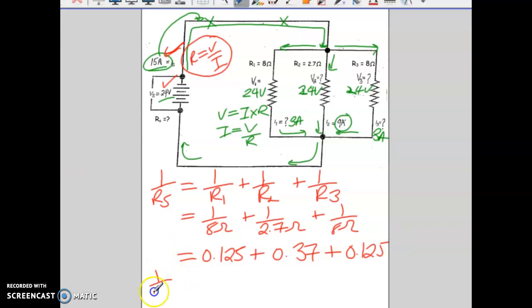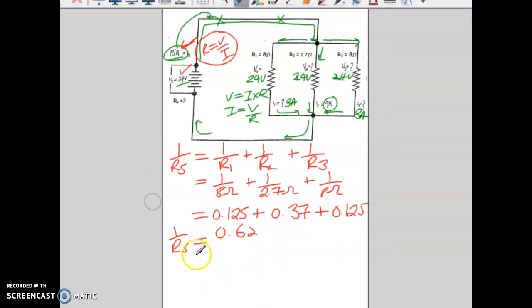So 1 over RS is equal to 0.125 plus 0.37 plus 0.125, which gives us 0.62. Now we swap these locations. RS is equal to 1 over 0.62, which gives us an answer of 1.61 ohms.